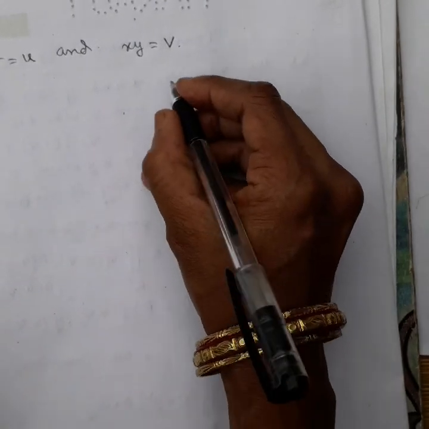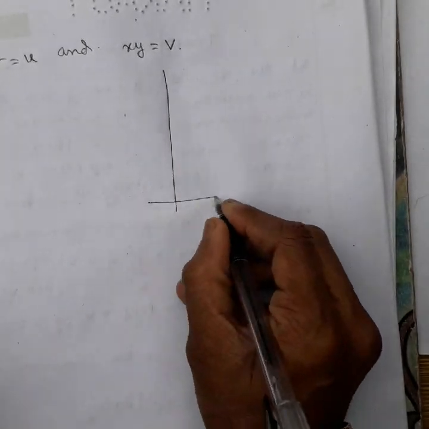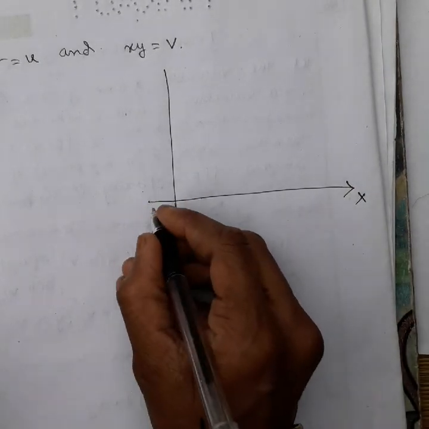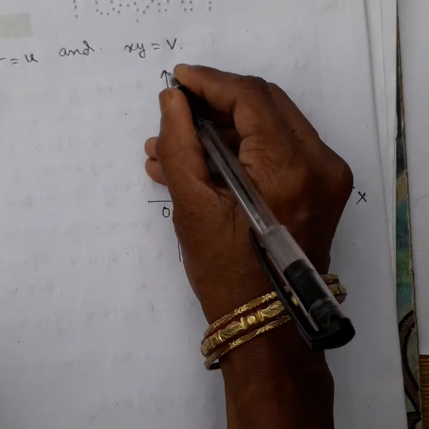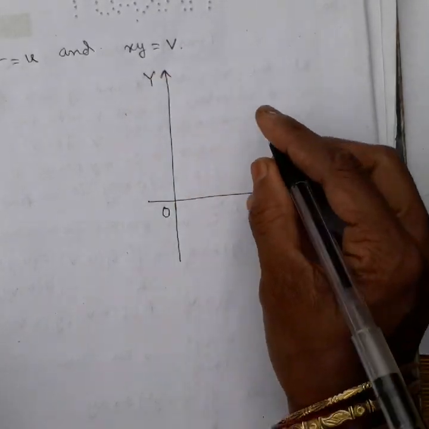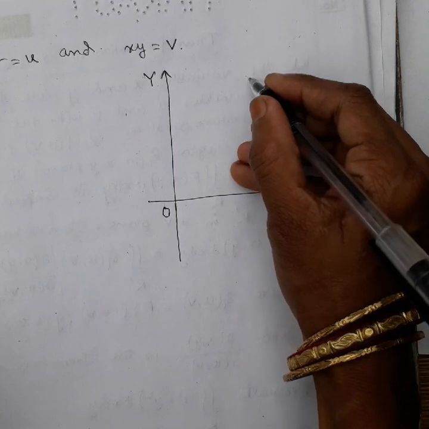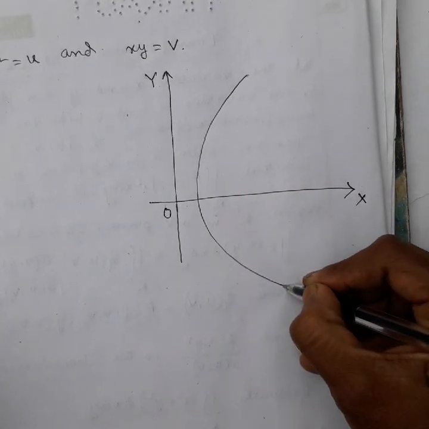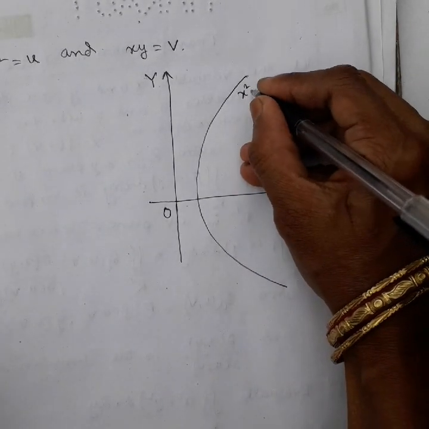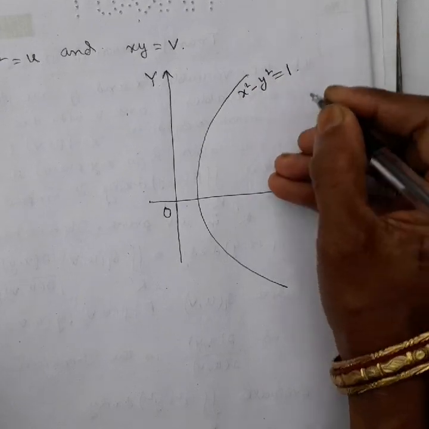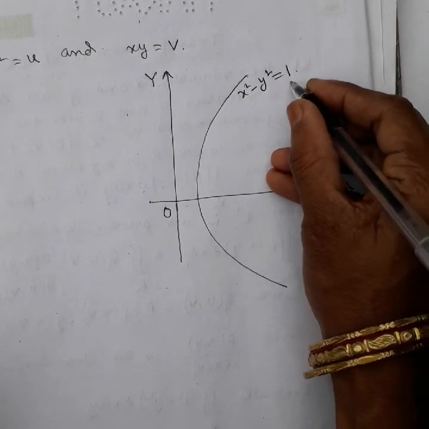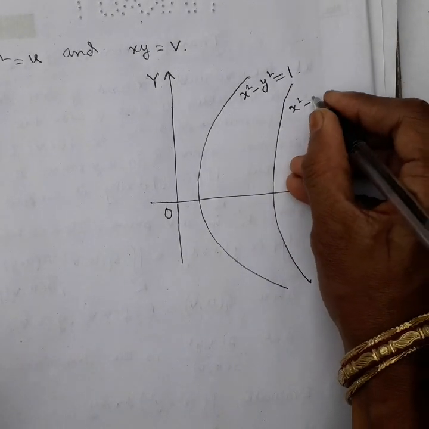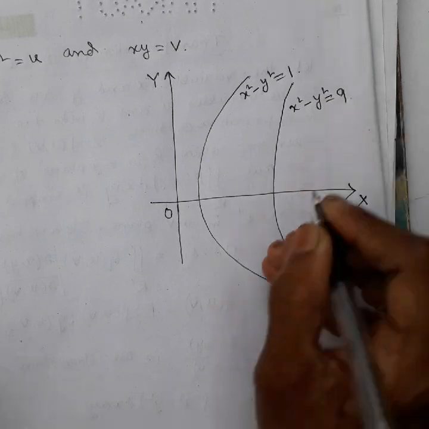So first we draw the xy plane. This is x square minus y square equals 1, and this is x square minus y square equals 9.